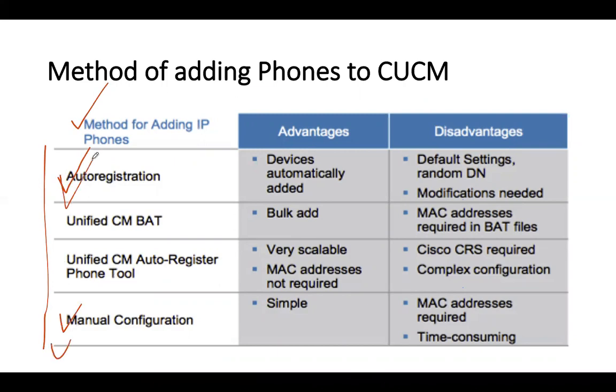If it is a migration and you want to do it in bulk, then you can use the bulk administration tool. A MAC address is required in the BAT files. That would be a dummy MAC address, but again, it is required. Then we have the auto registration phone tool, which we call the CAP tool. This is also very scalable. A MAC address is still not required here, but it is a little bit of complex configuration. Initially we would be doing these two, and then we will see the BAT also.